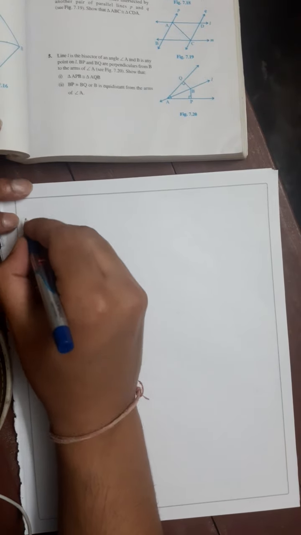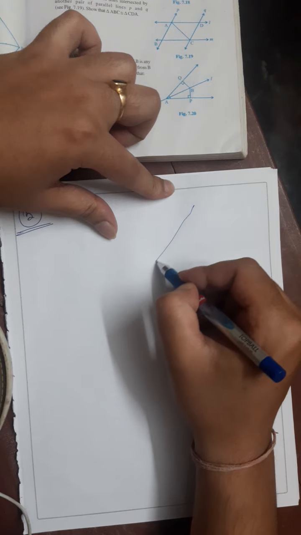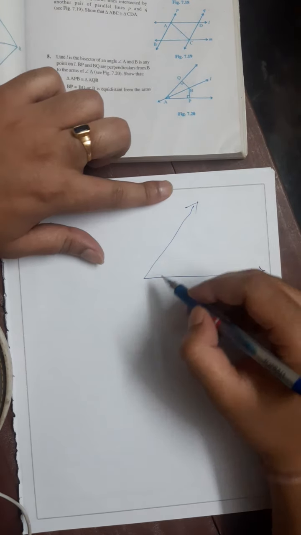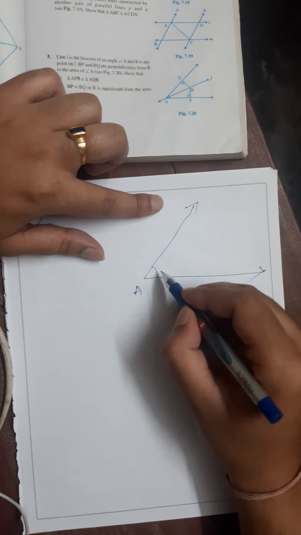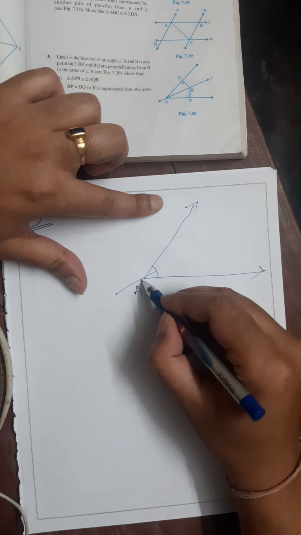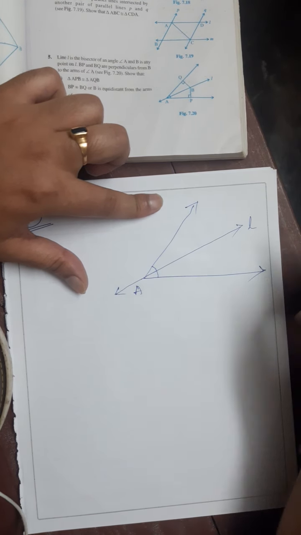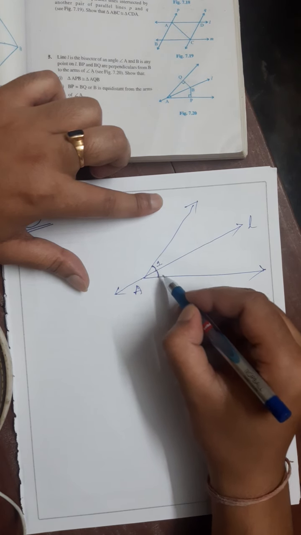Next is question number 5. Here one angle is given first. Okay, angle A, and this angle A is bisected by a line L. This name is L. So since it bisects the angle, these two angles are equal, we will name them 1 and 2.